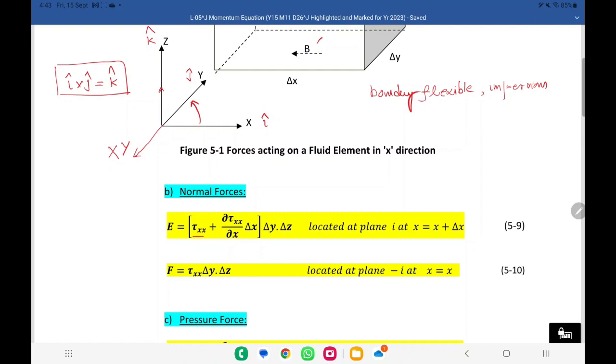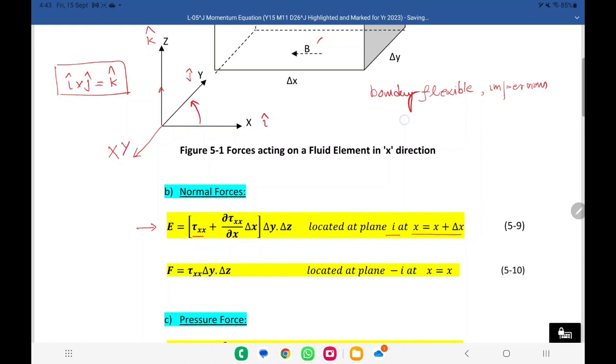So what is happening is tau xx, this is on the right face, right? The plane is in the i direction, located at x plus delta x, and the force is acting in the right direction, because this is not a pressure force, this is a stress. Stresses are always shown outside.